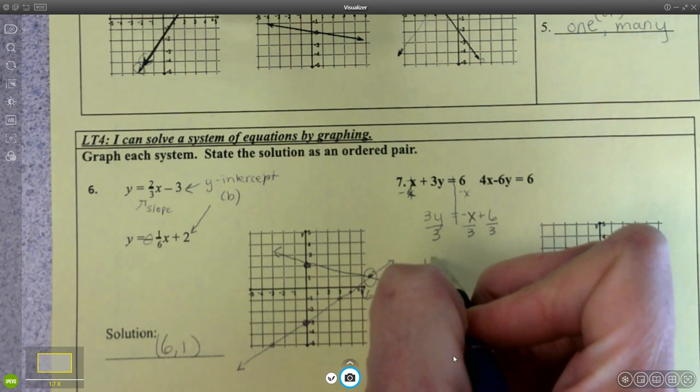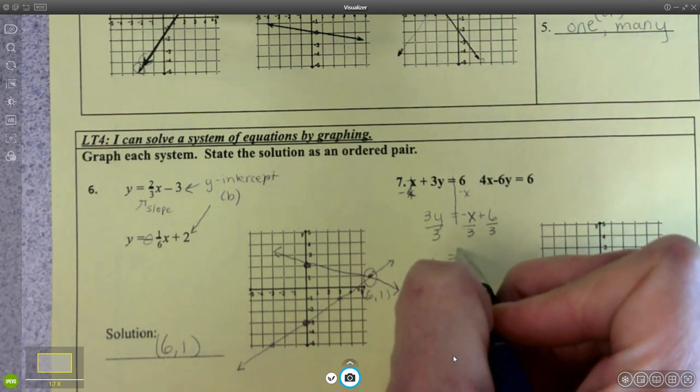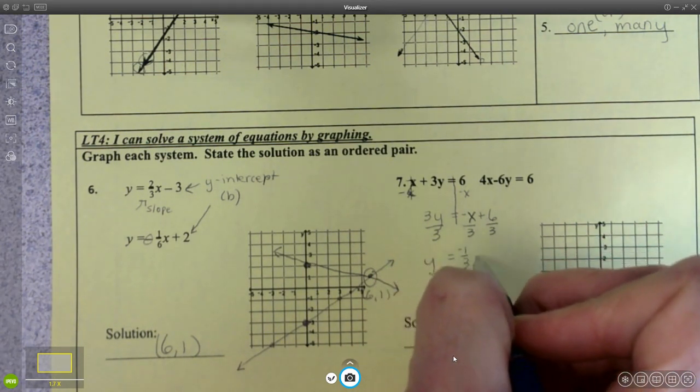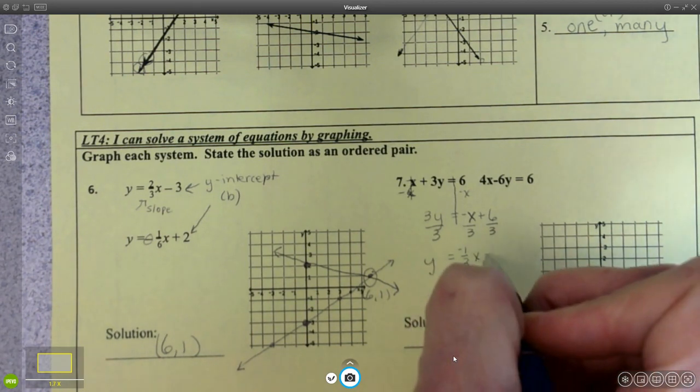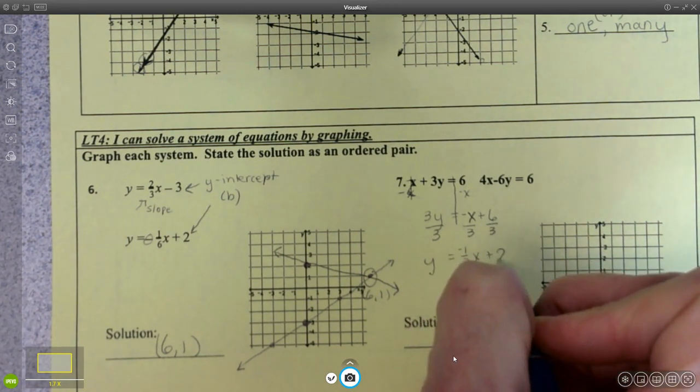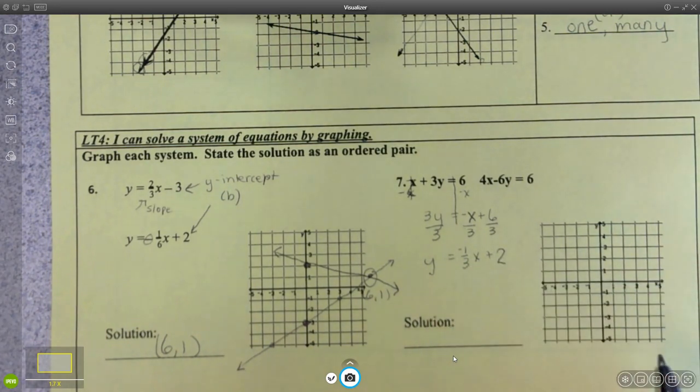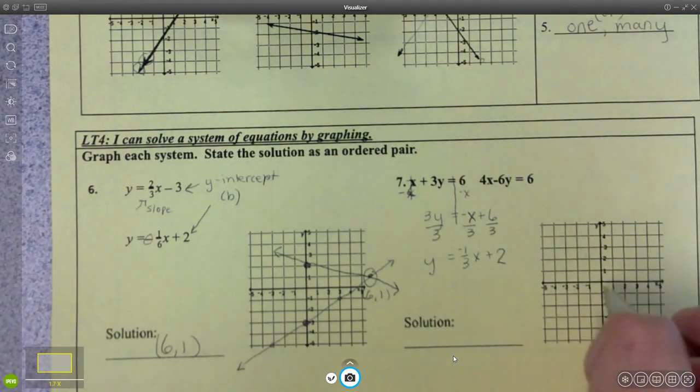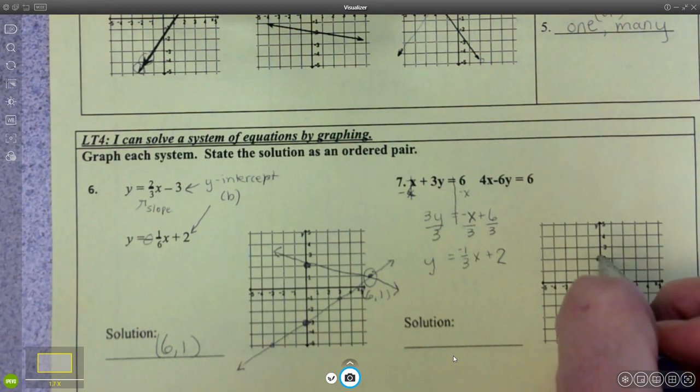So my new equation is y equals negative 1/3 x plus, I'm going to reduce that, 2. And that helps me with my slope when I say negative 1 over 3. So my intercept is 2.